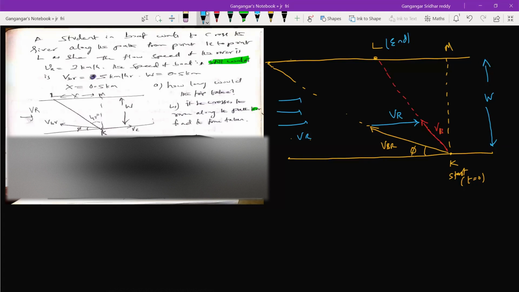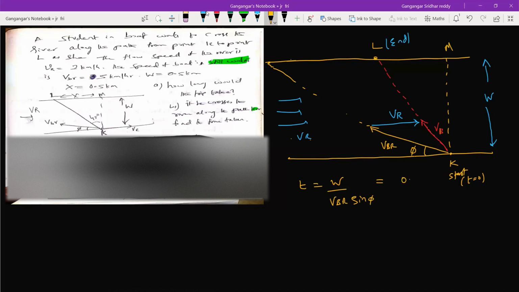Who will determine the time taken to cross the river? W by VBR sine phi. W is how much? 0.5 kilometer. Convert that? I think all are in kilometer, no need to change anything.